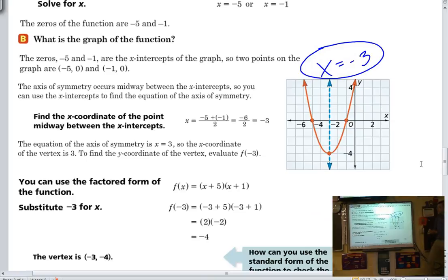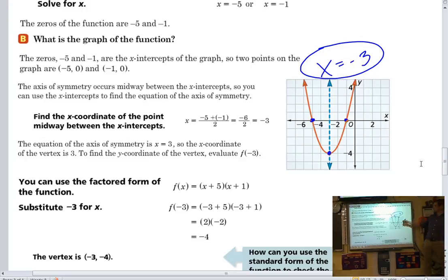From there, because I have 3 points, like imagine we only know this, this, and this, we can still make a pretty darn good parabola, even just having 3 points. If you want a 4th and 5th point, the easiest thing to do is bump 1 right or 1 left of your zeros. So either go to your negative 2 or your x equals 0. Whichever one I want to plug in, I can find a couple more points that'll help me make the parabola.